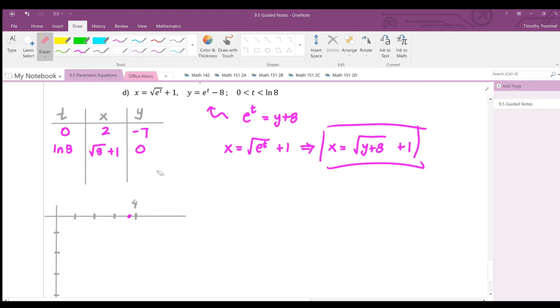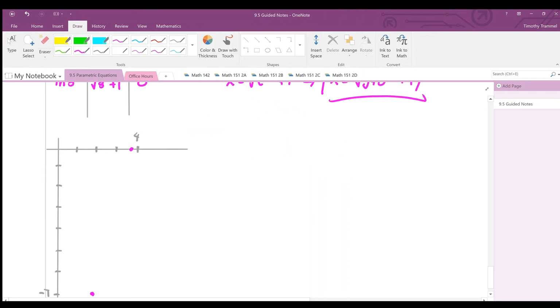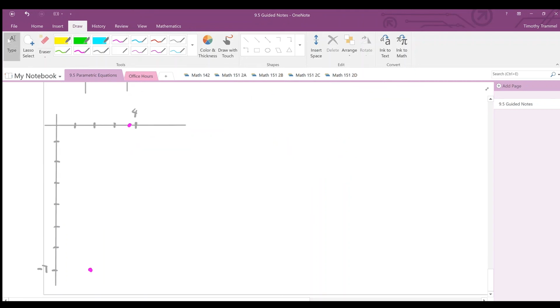And if you wanted to, you could plot a few more points, or you could even solve this for y if that helps, and what you'd find is you would have a parabola. But let's just go ahead and connect our points here. And again, you might be wondering, well, what kind of curve? Well, this is a sideways square root function.